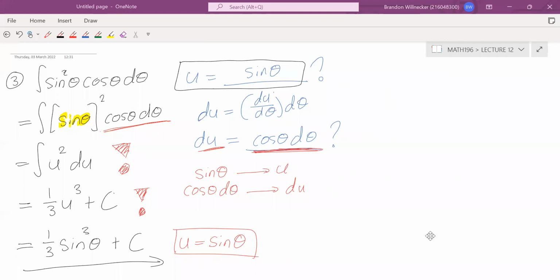Yes, I've got a question. So are we going to leave out the du is equal to cos theta d theta? Yeah, so the cos theta d theta, this part here, that part just becomes du from this bit over here. So it's just a replacement.